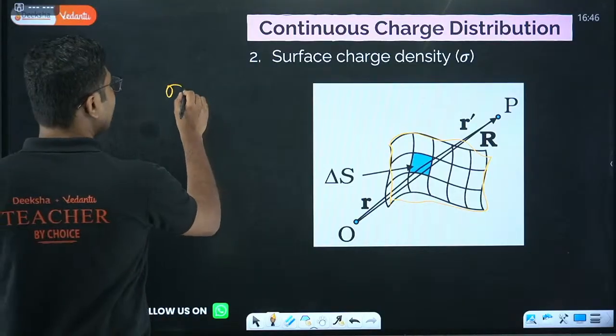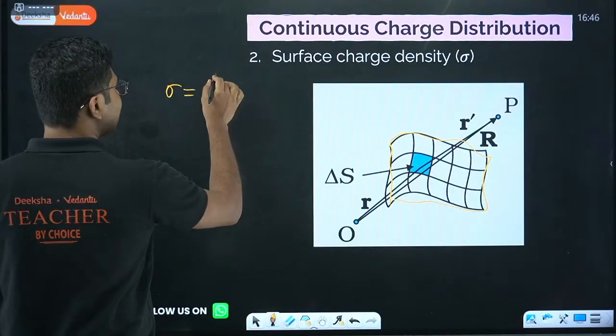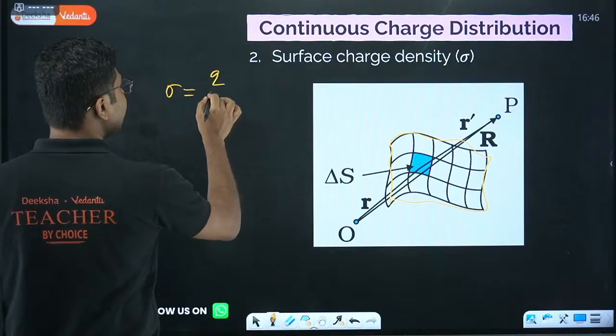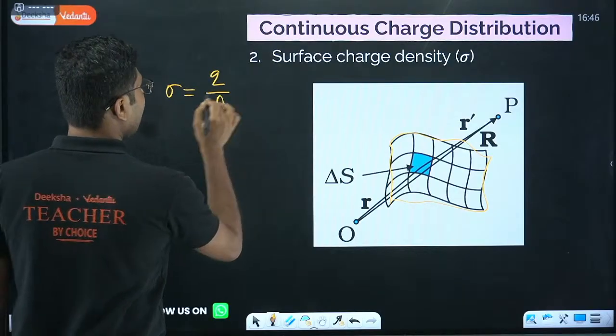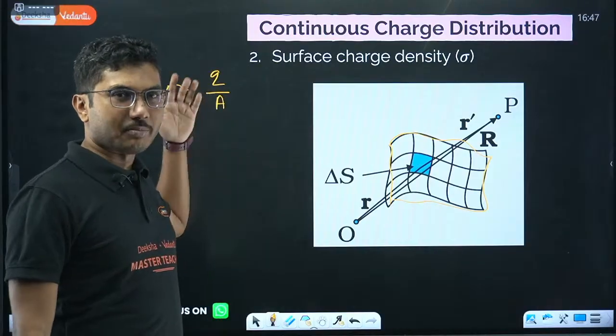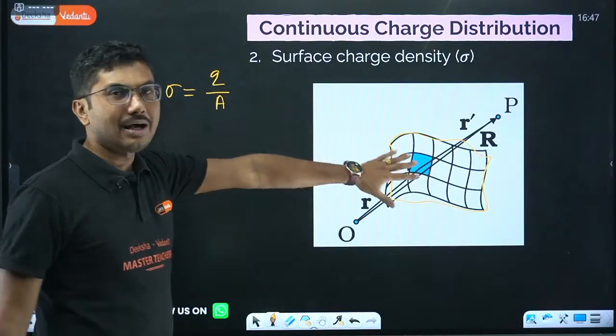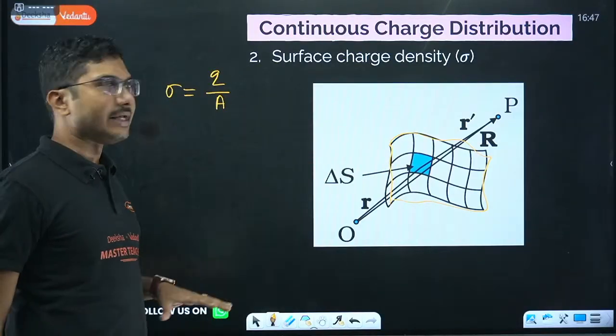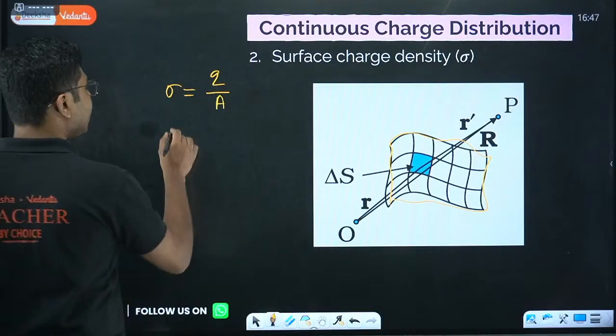So what is the formula? Very simple, same as the line charge density: total charge divided by area. In that case it was only length, so it was charge by length. Here it is area, so charge divided by area gives you surface charge density.